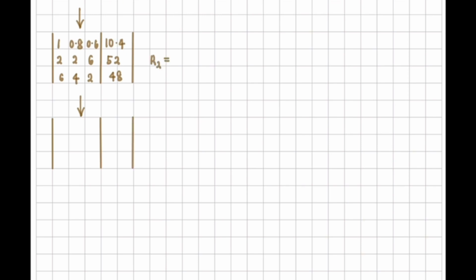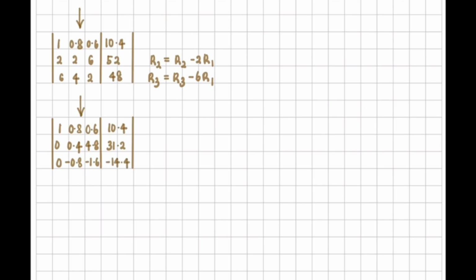As for the next step, we're going to multiply the first row by 2 and then subtract it from the second row. So we're going to have 0, 0.4, 4.8 and 31.2. As for the third row, we're going to multiply the first row by 6 and then subtract it from the third row.